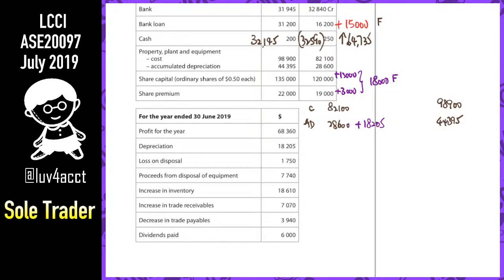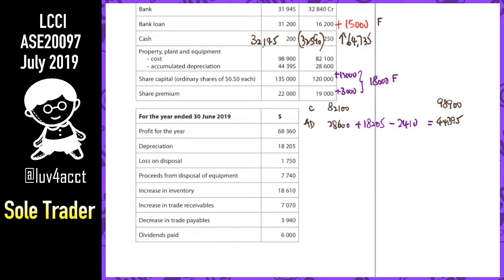And with this you can find the accumulated depreciation for the disposed non-current asset. 28600 plus 18205 minus 44395. Okay, you have 2410. Let me calculate one more time. 18205 plus 28600 minus 44395. Yes.